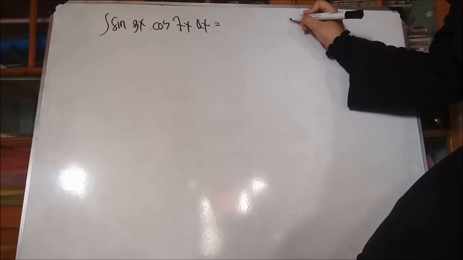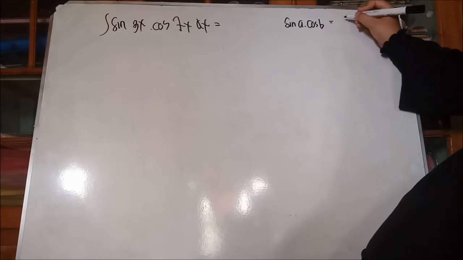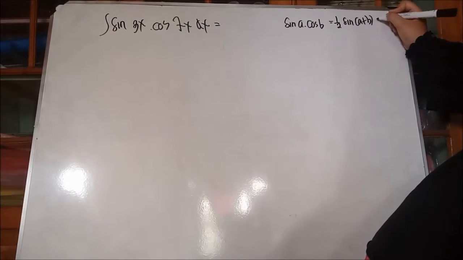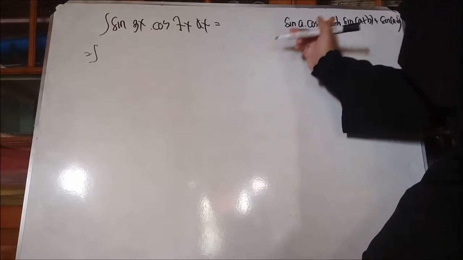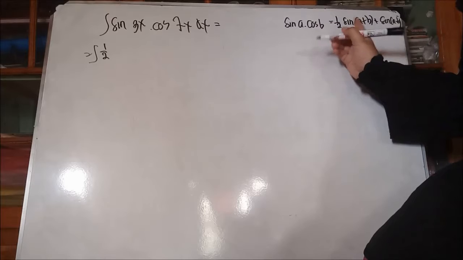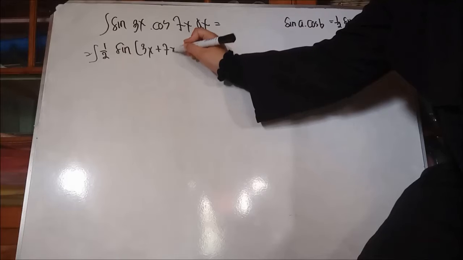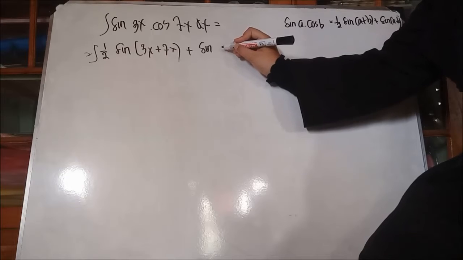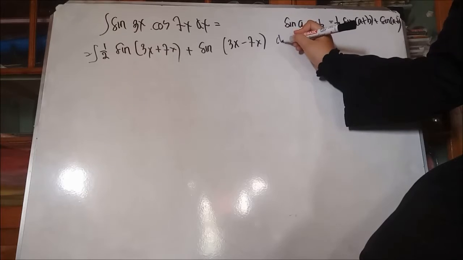Here you must remember, if we have sin A times cos B, it is equal to half of sin A plus B plus sin A minus B. So we have the integral of half sin 3x plus 7x, plus sin 3x minus 7x dx.